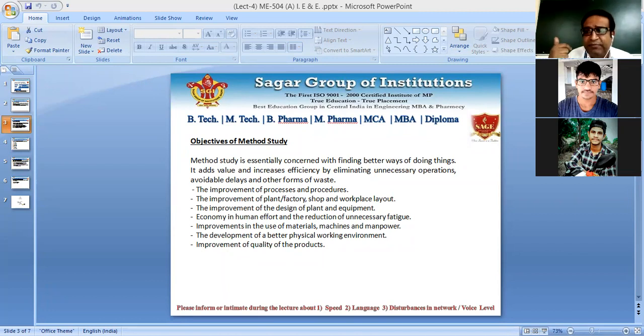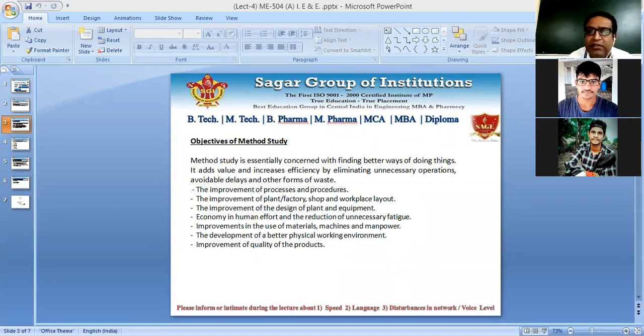How to get a better method over the existing method, and how to improve the work process, the quality, the cost part, the fatigue and the movement part of the laborers, workers or machine operators. Thereby we can improve the quality of material, machines, manpower, and also provide better working conditions. So these were the objectives of method study.